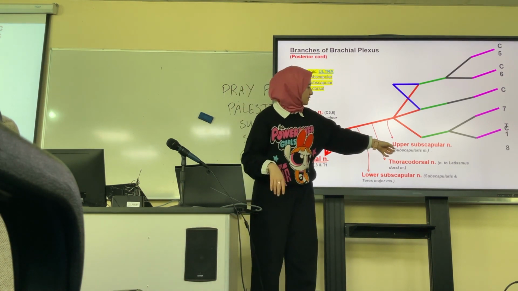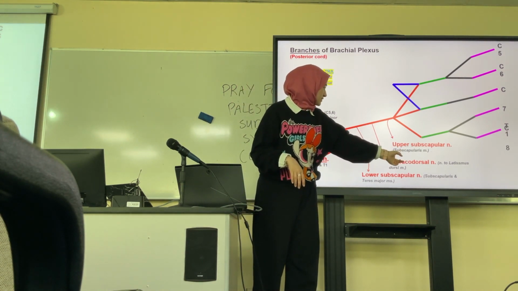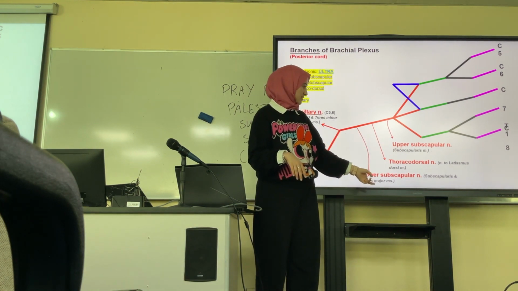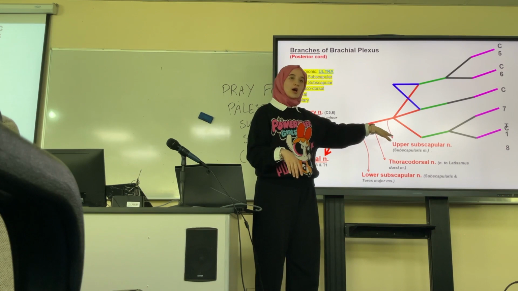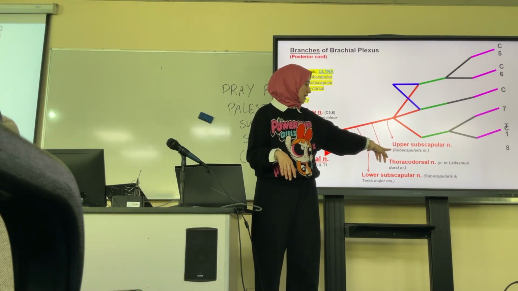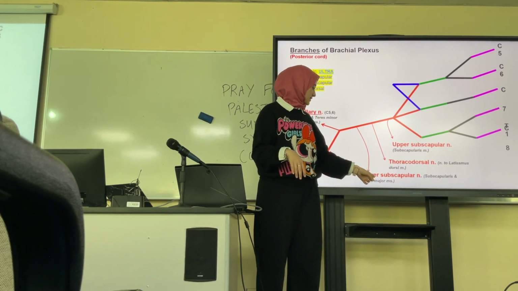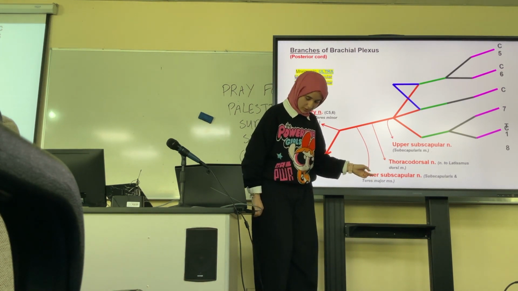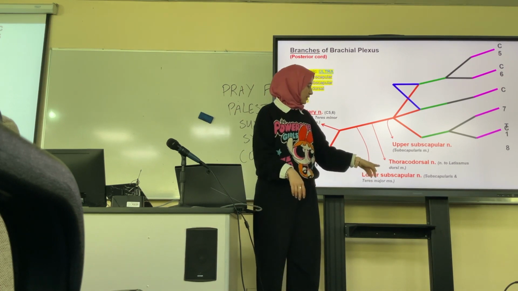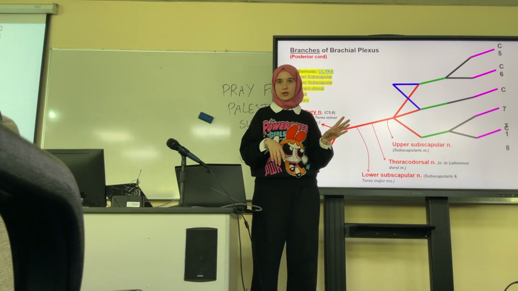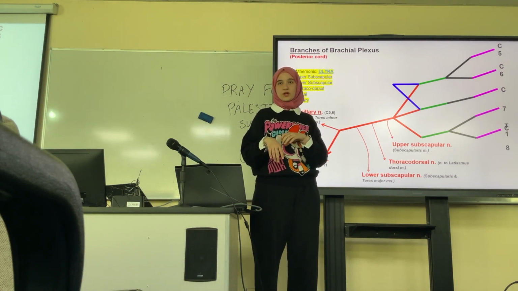Here, the subscapularis, for instance, notice that it has innervation from the upper subscapular and the lower subscapular. So a cut in the upper subscapular would not utterly paralyze this muscle because it has another one. But for the teres major, if you get an injury in the lower subscapular, which muscle is going to be paralyzed?